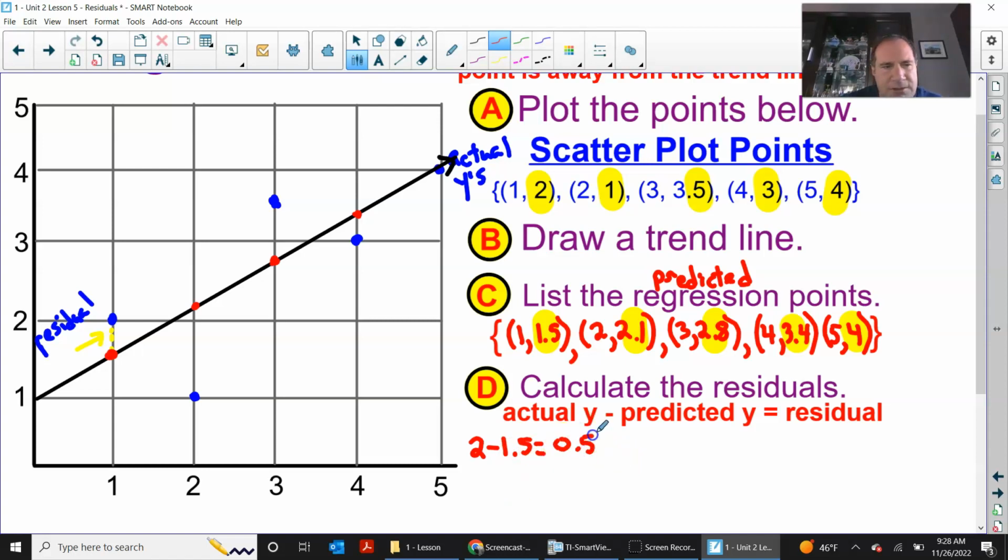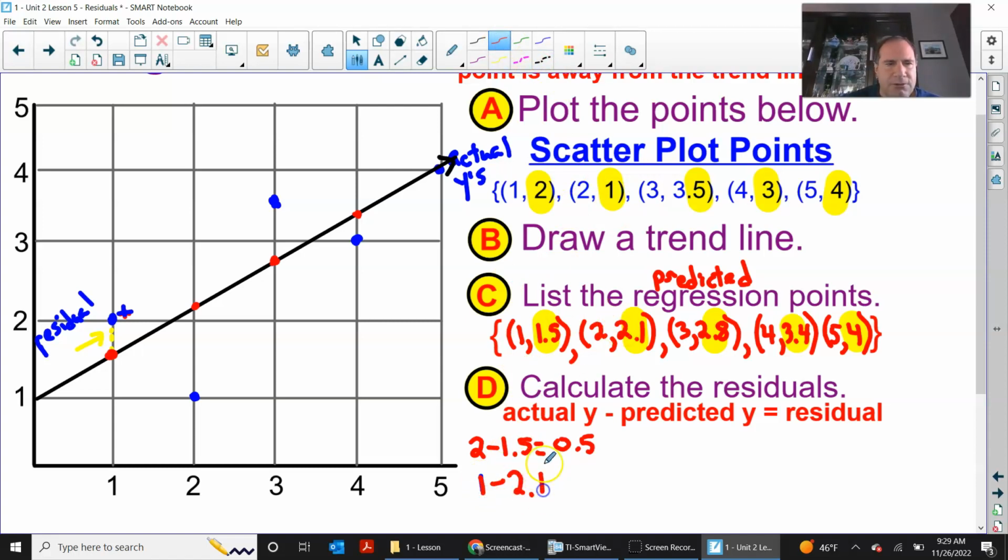And it makes sense because this should be a plus. And it is. This is a plus because the actual point is above the predicted, which is the trend line point, right? So now we're going to take this one, it's a different color, 1 minus 2.1.